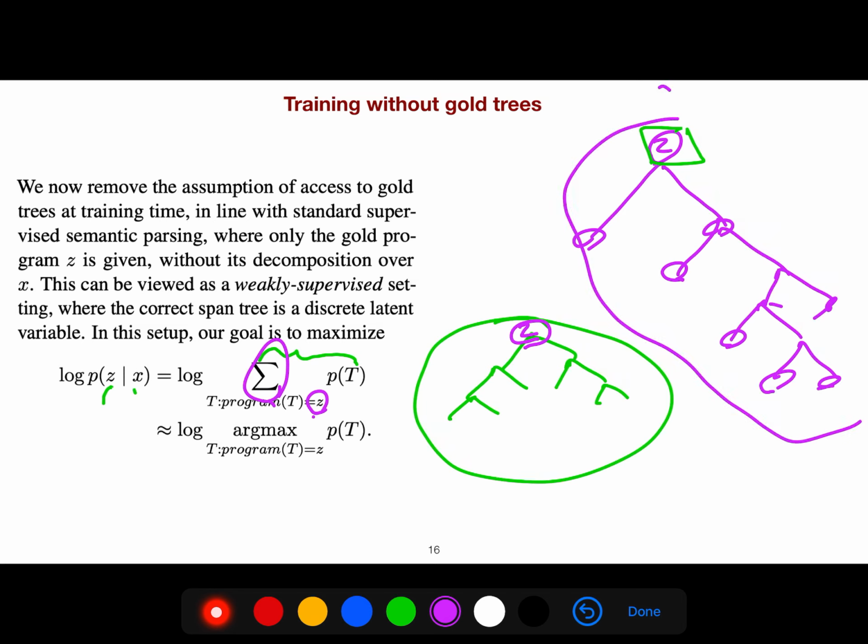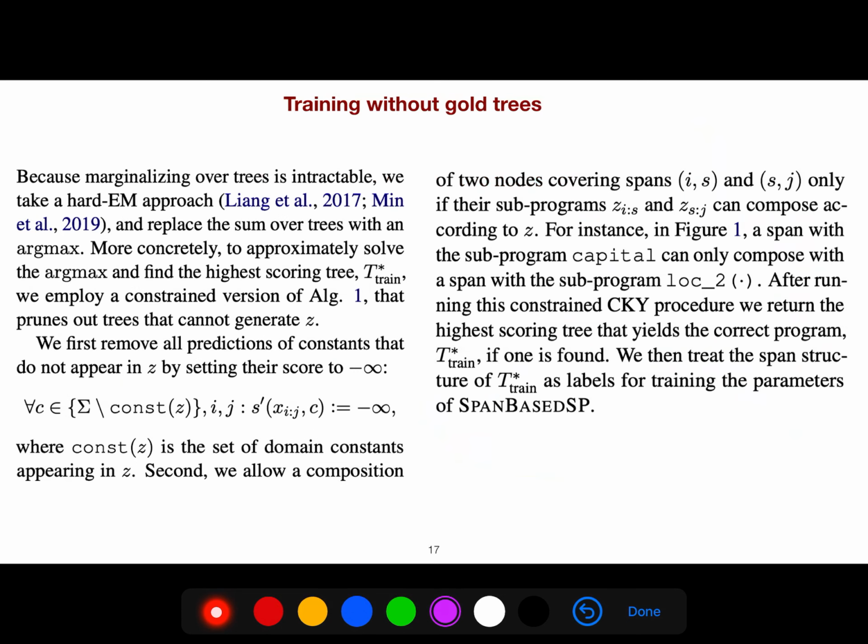The CKY could tell us what is the maximum probability. But here we are just writing the probability of your latent variable given your utterance. And this is a weakly supervised setting where the correct span tree is a discrete latent variable. We don't know these. They are very latent. We only have access to Z. And so this is the training without the gold trees.